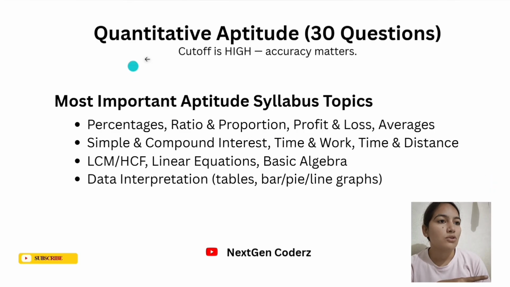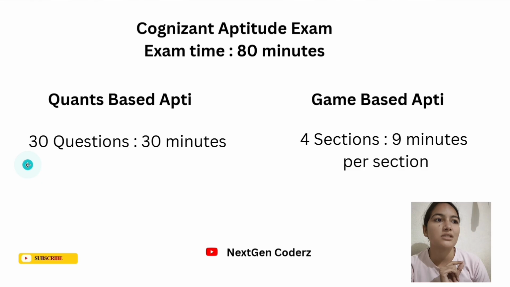Then in the later section there are game based aptitude questions, and this section is divided further into 4 sections, and you will get 9 minutes per section. You have to solve each section in 9 minutes.